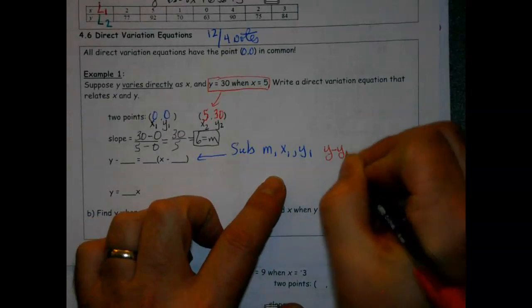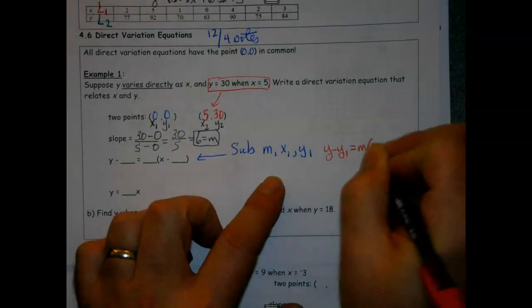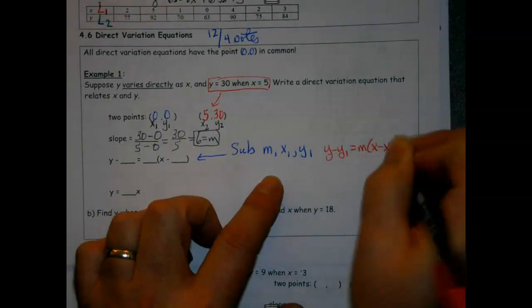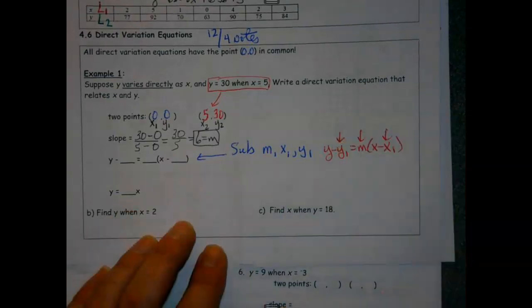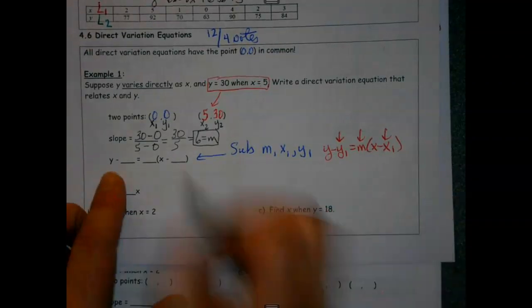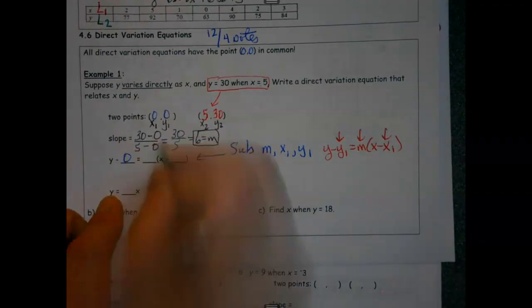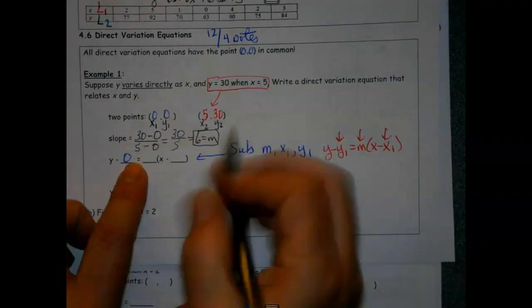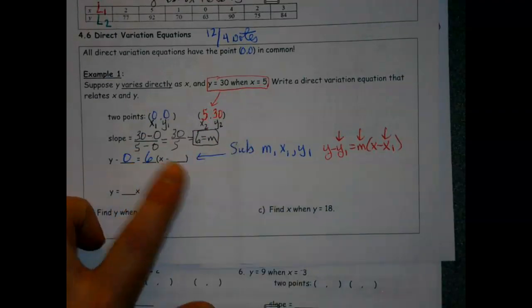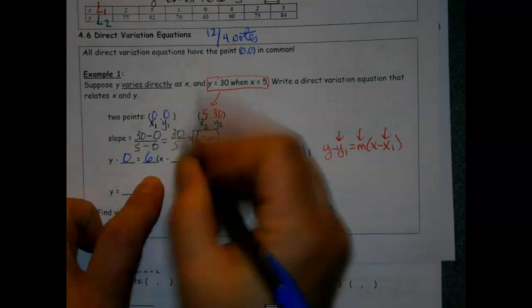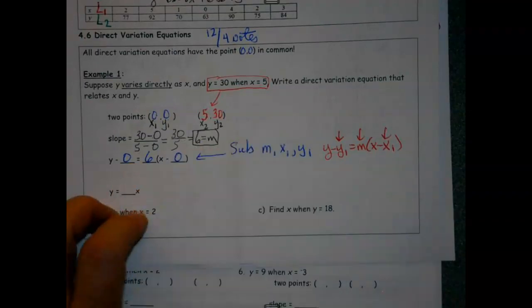Let me just put these in quick so we can see where everything goes. So watch this. y minus y1, which is 0, equals m times x minus x1, which is also 0.